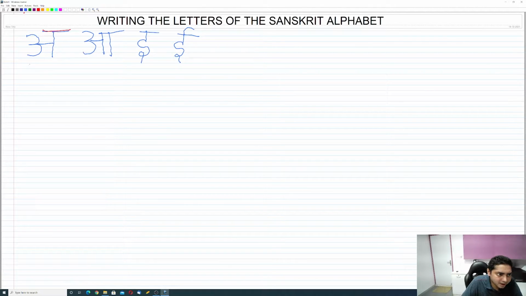Here the letter A is pronounced in 1 click of time. A. Here the letter Aa is pronounced in 2 clicks of time. Now let me change the color, which is more visible.